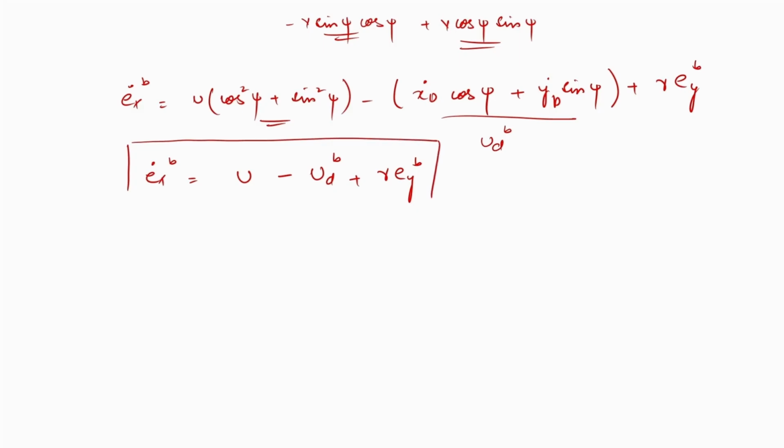Okay, so this is the rate of change of x in the body frame, and we obtain this equation. Similarly, what we have to do is the same process for e y dot b. So we had this equation for e y dot in body frame for y-axis. I will not do all of its calculation here because it follows the same pattern, same derivation, and I will just simply write the equation over here, and then you can confirm it yourself.